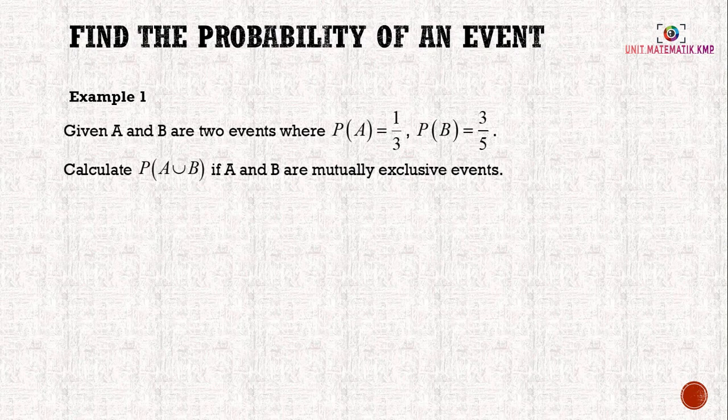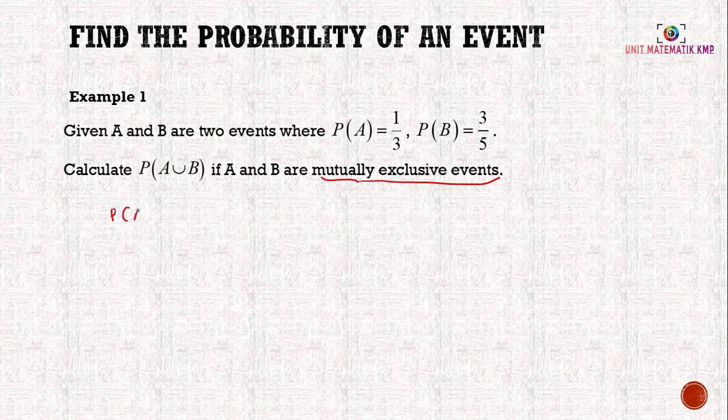Okay, we are going to find the probability of an event. So example 1, given A and B are two events where P(A) equal to 1 over 3 and P(B) is 3 over 5. Calculate P(A union B) if A and B are mutually exclusive events. So it is given here A and B are mutually exclusive events.